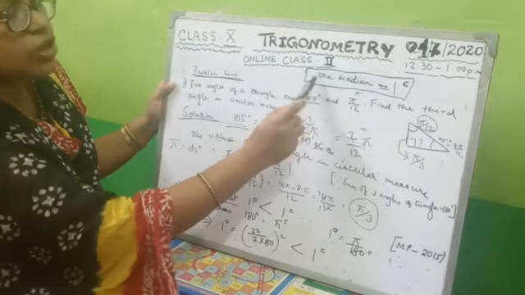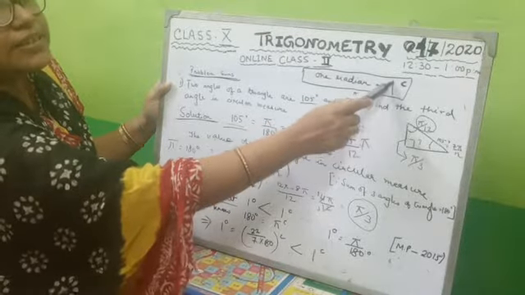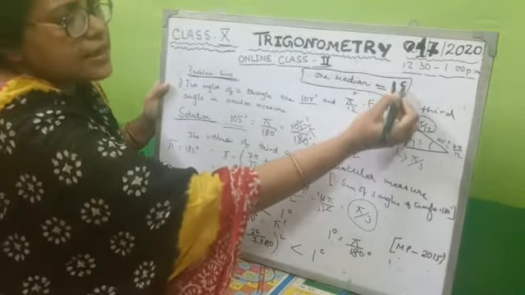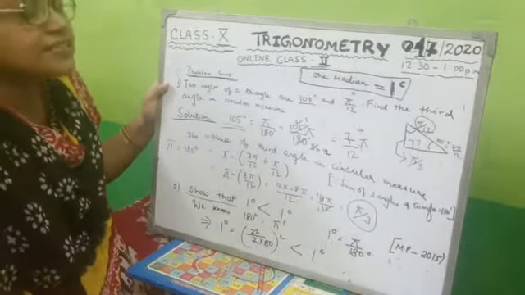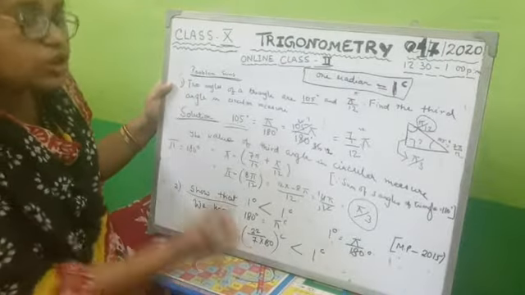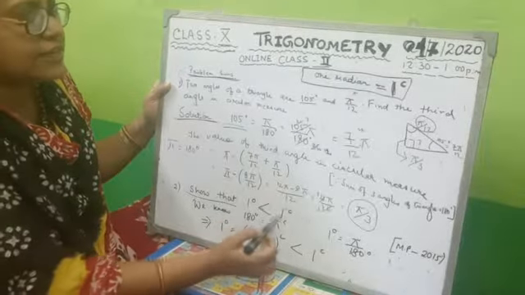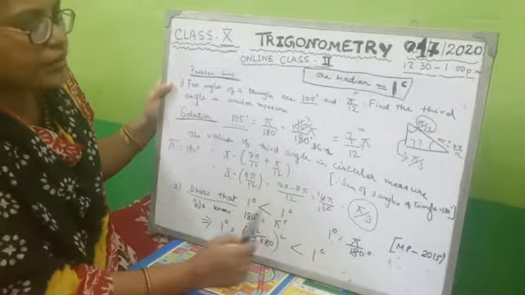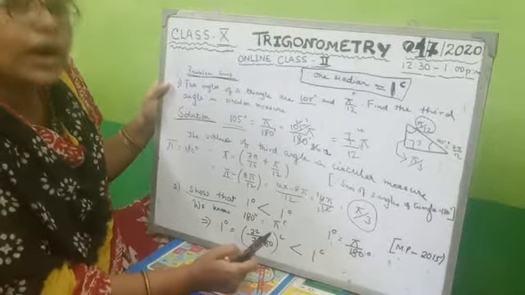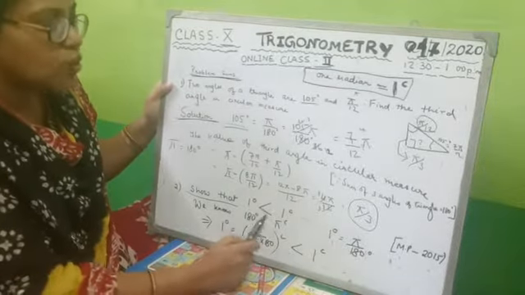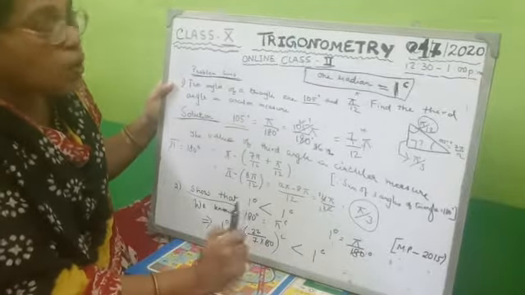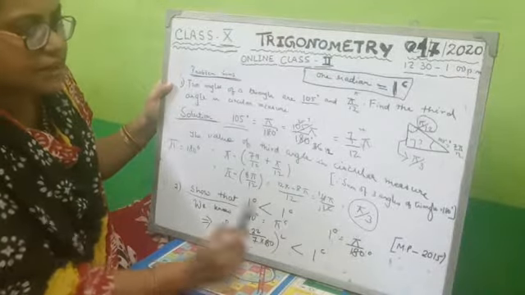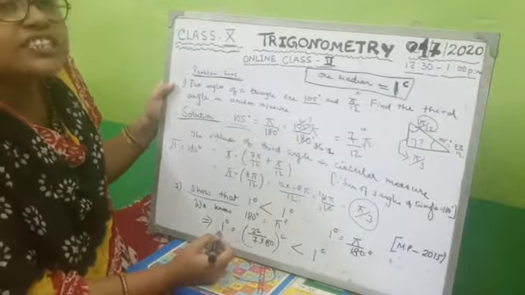I told you, 1 radian is represented as 1 to the power C. So you have to just show that 1 degree is less than 1 C. We know 180 degree is equal to pi C. What is the value of pi?